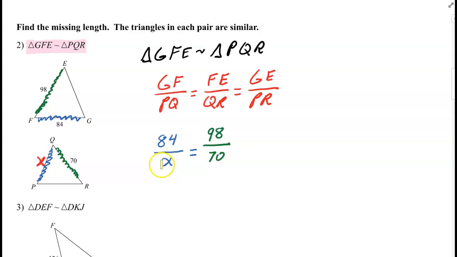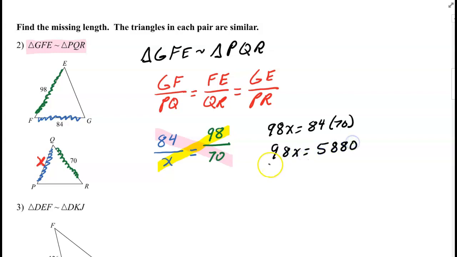So now we're going to cross multiply like we did in the last lesson. We're going to get 98x is equal to 84 times 70. So 98x is equal to 5,880. We're going to divide by 98. And we're going to get x is equal to 60. So that means PQ is equal to 60.